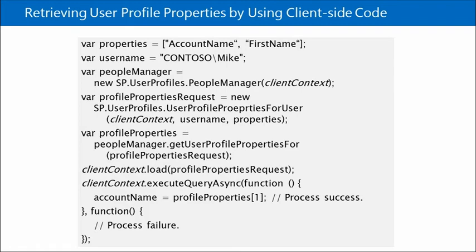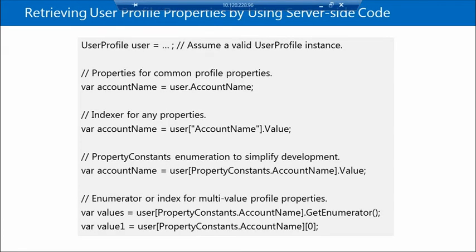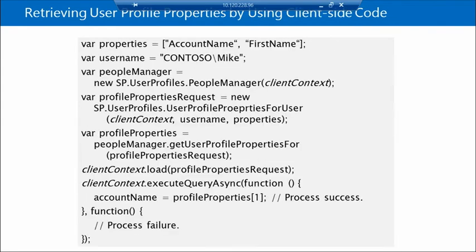All right. So once again, we're using the SP.UserProfiles, and we're using the PeopleManager object inside there, and we're passing it our context. I can't use this touch screen. And we see some of our normal client-side code we're used to seeing. One of them, of course, here is where we're loading the get user profile properties.